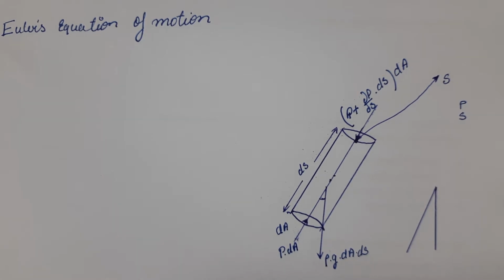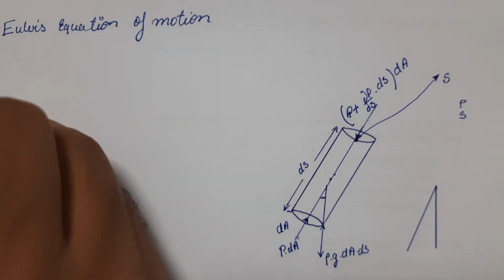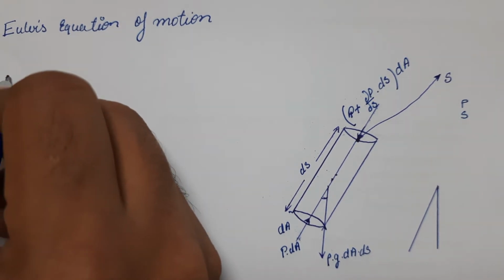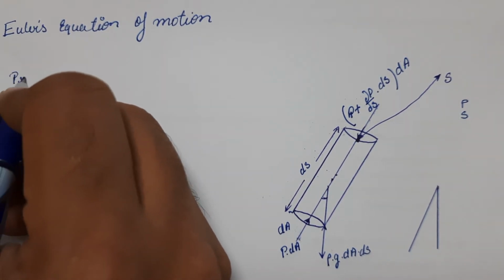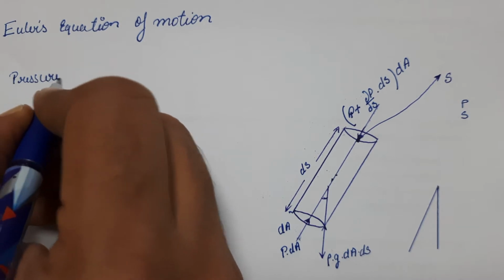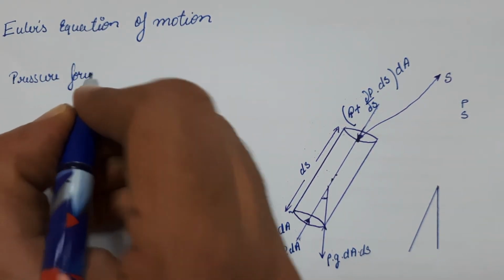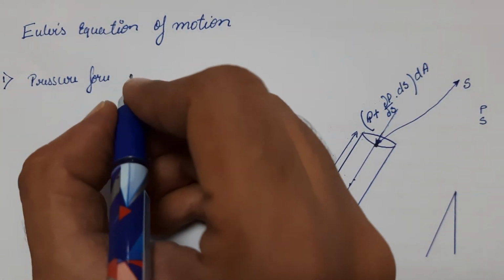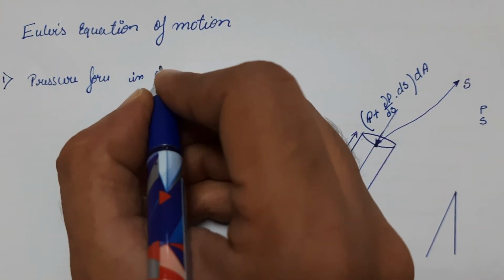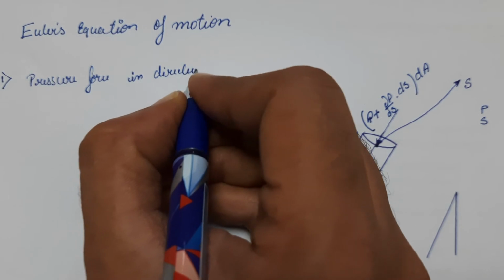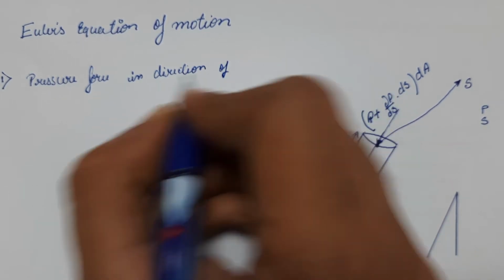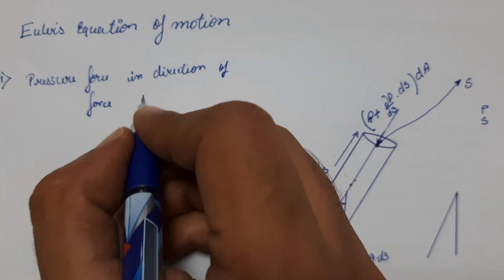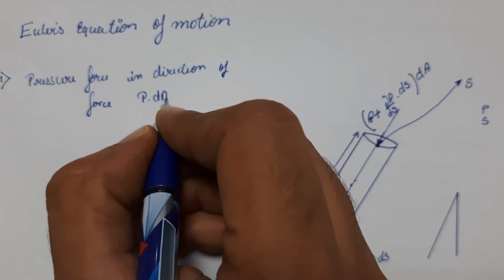Now let us write down all these forces. The first force is the pressure force in the direction of flow, that is P into dA.